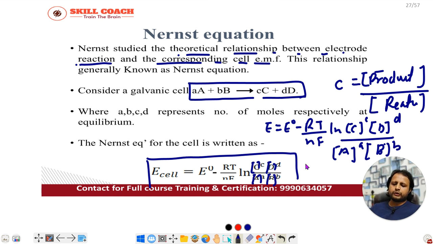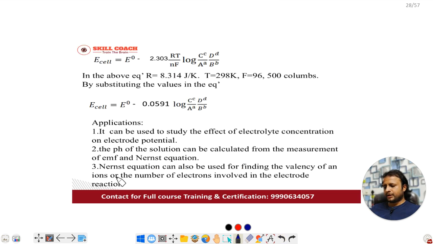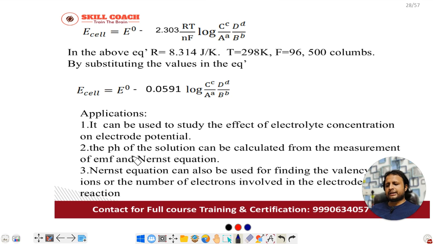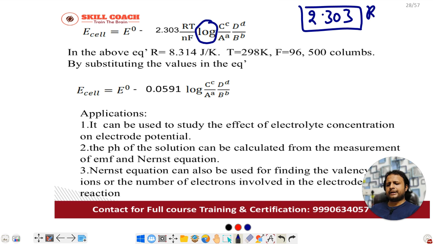It is useful to find the EMF of the solution. And if you are representing the same value in terms of log instead of ln, you need to just multiply it by 2.303 in the above equation, and you can write RT by nF and log, and then the previous values.